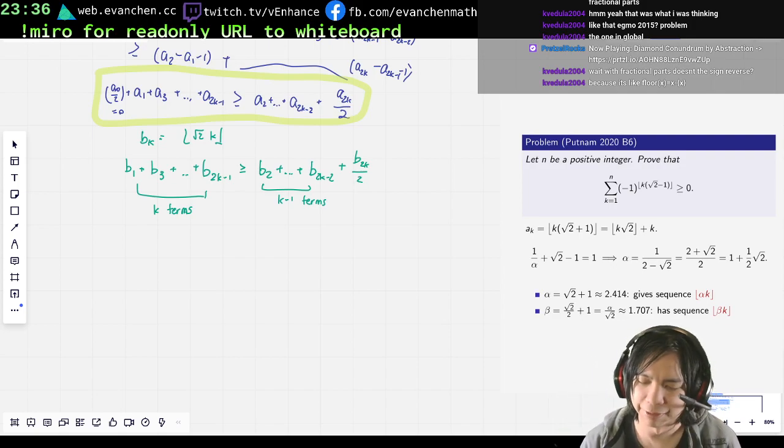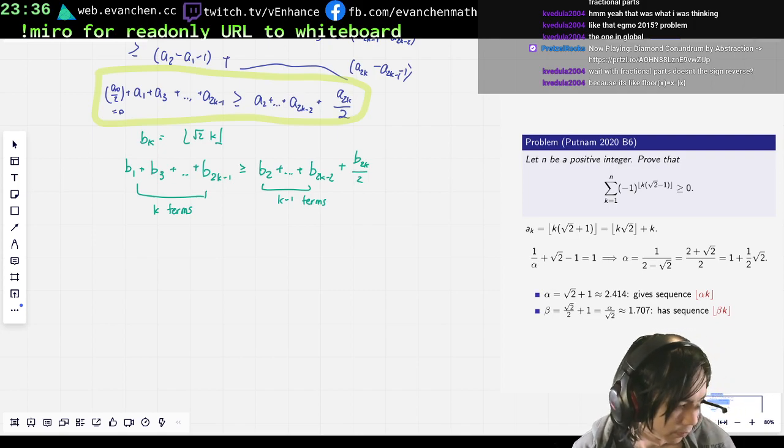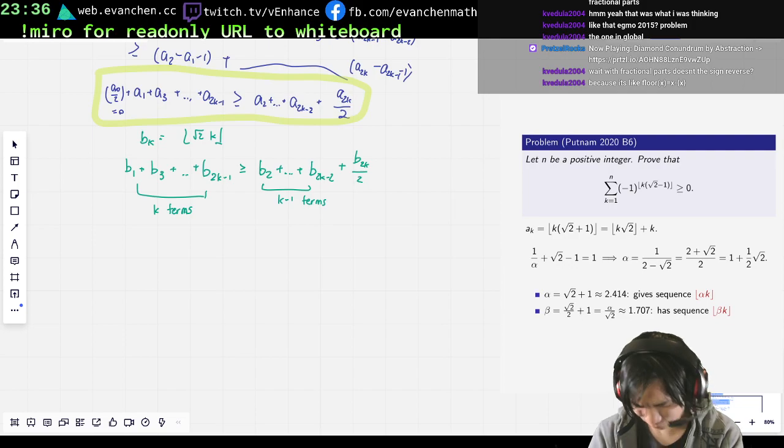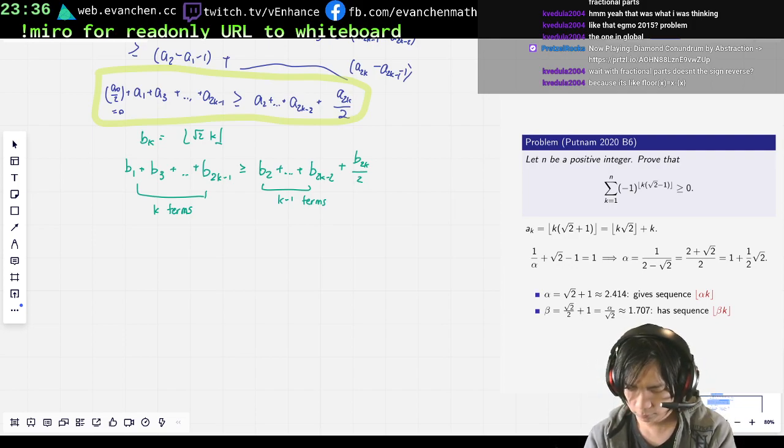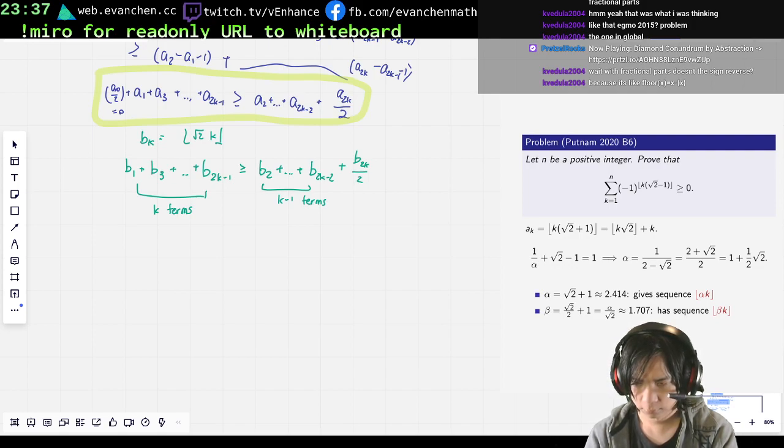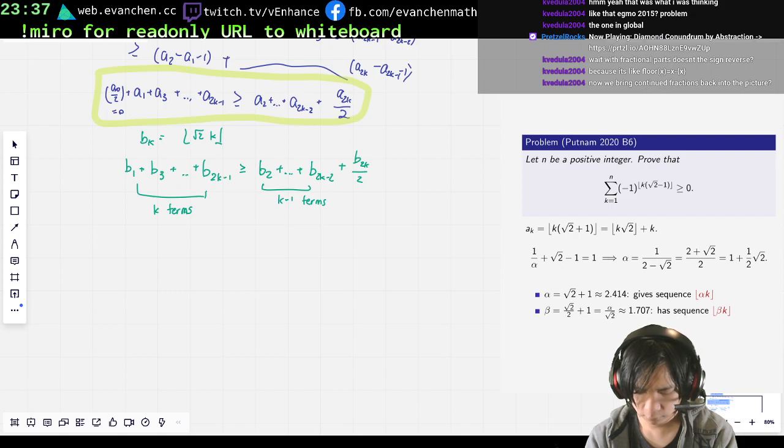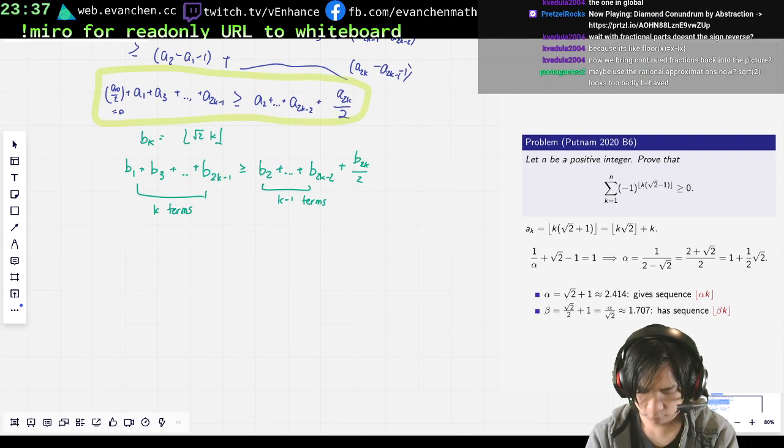But, I don't know, what am I going to do with that? Yeah. Root 2 looks too badly behaved.